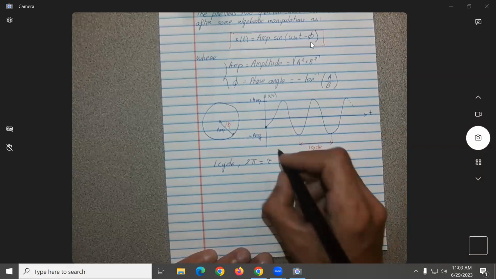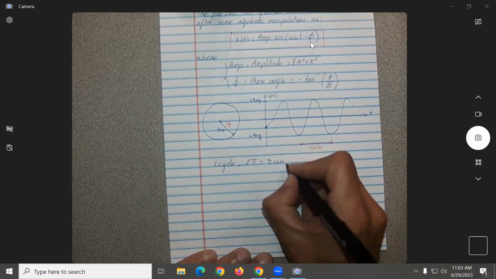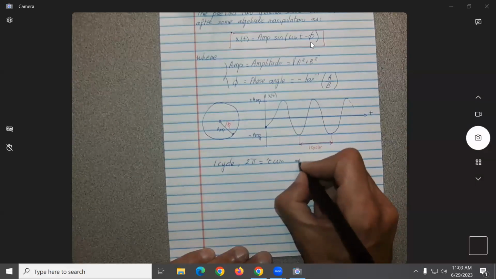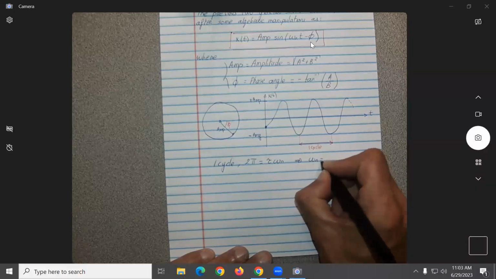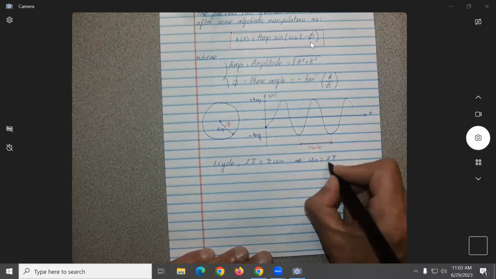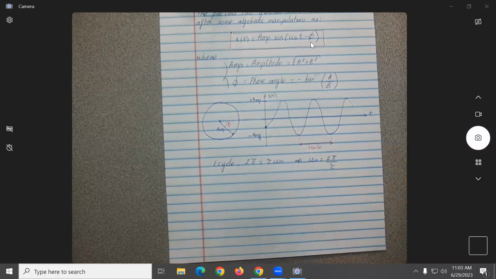Correct? But now this depends on the natural frequency, no? Or how fast this is going. Okay, or here we could say that the natural frequency omega n will be equal to 2 pi over tau.